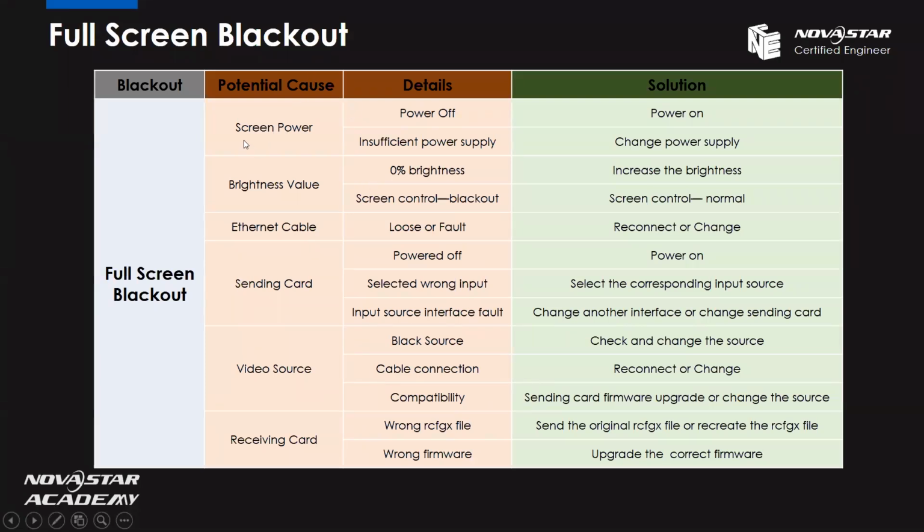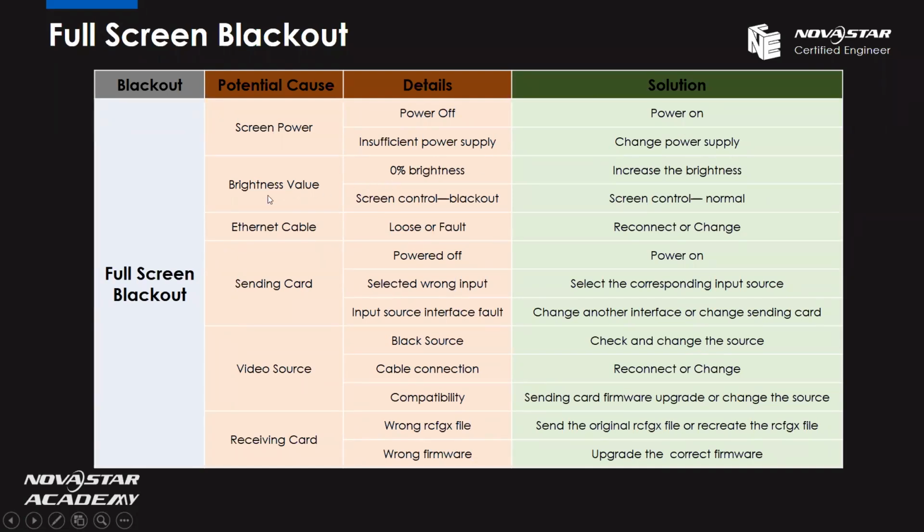For the screen power, the simplest but the most overlooked problem is the power. So make sure your screen is powered on. And sometimes if we have an insufficient power supply, in this case, we need to change the power supply.